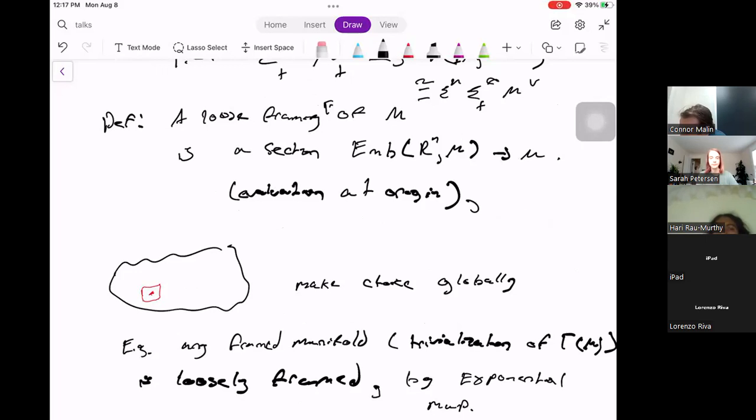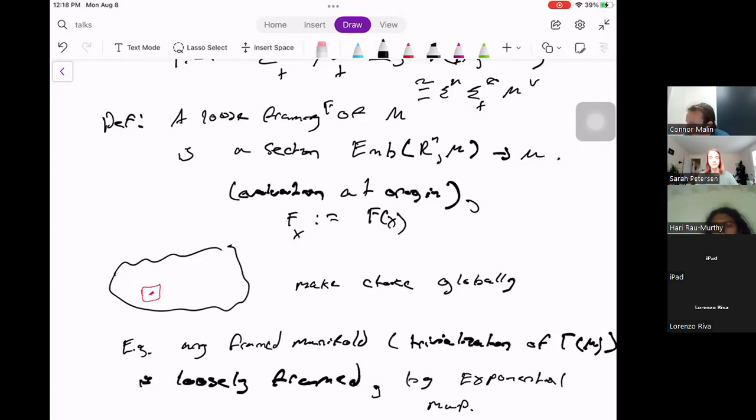If we want to evaluate our loose framing at x, i.e. get an embedding from Rn to M, which sends the origin to x, we're going to denote this by Fx. So Fx is defined to be equal to F evaluated at x.